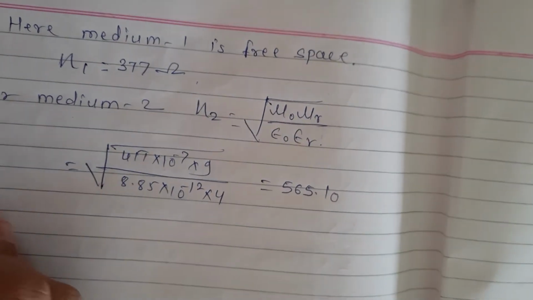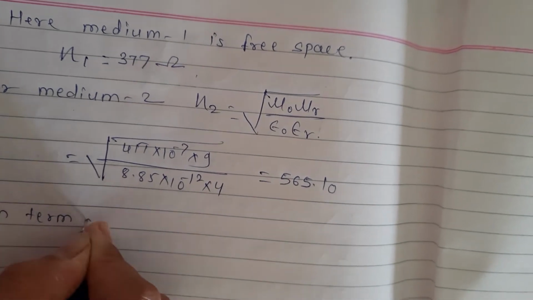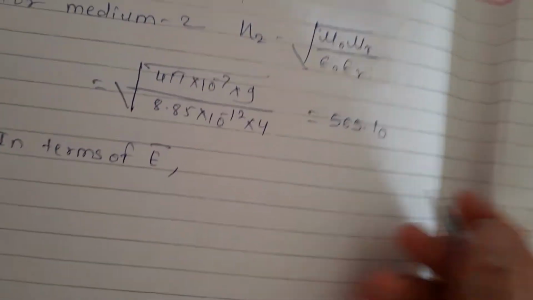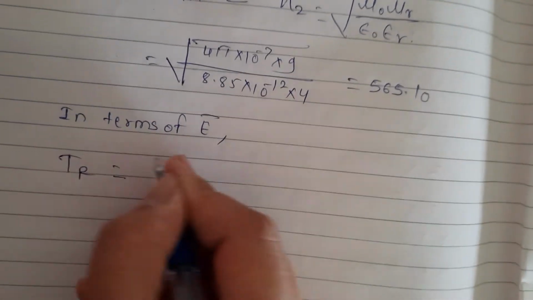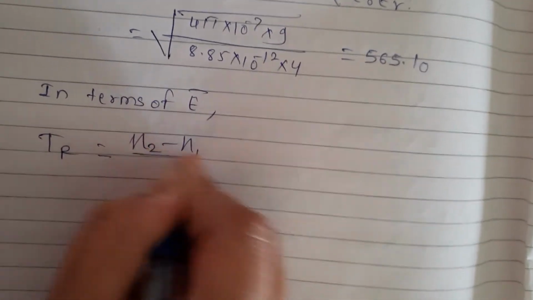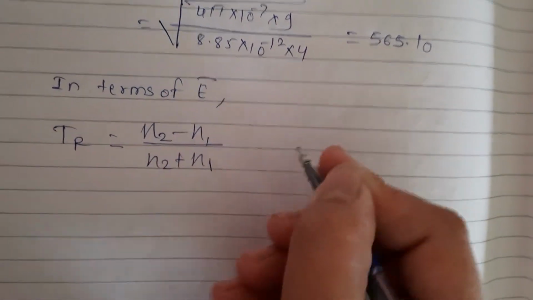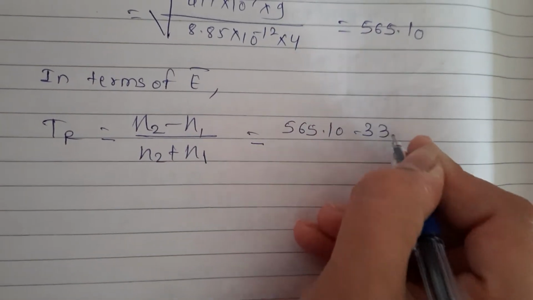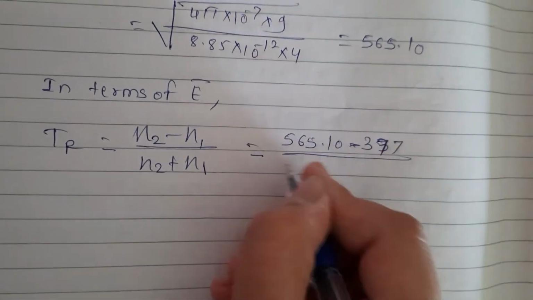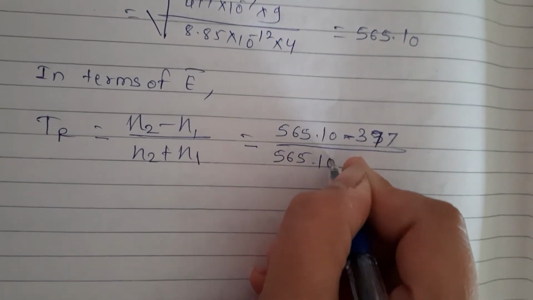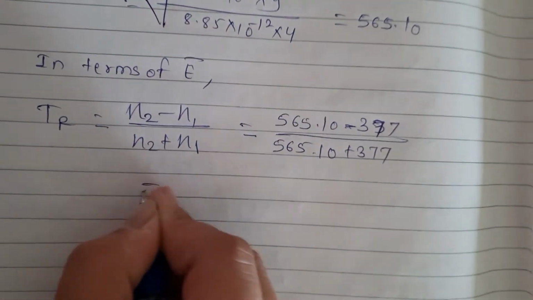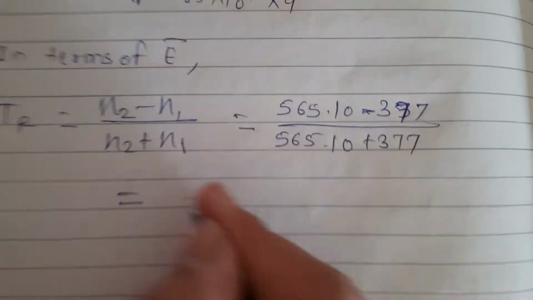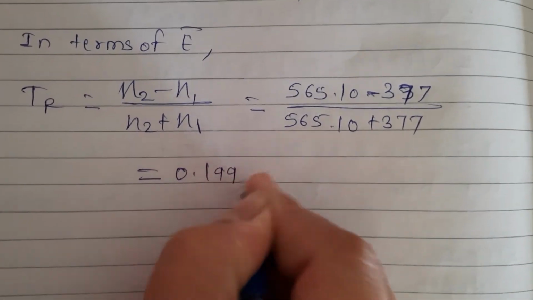Now in terms of E bar, we can write TR is equal to 565.10 minus 377 divided by 565.10 plus 377. So this value is 0.1996.